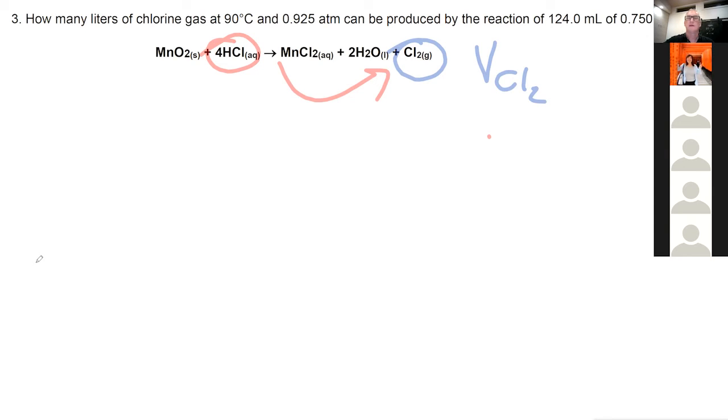So how many moles of reactant do we have? Why don't you convert the milliliters to liters to moles, and then use the relationship of the moles of hydrochloric acid to the moles of chlorine gas based off of the balanced equation. There you go. So how many liters of HCl do we have?